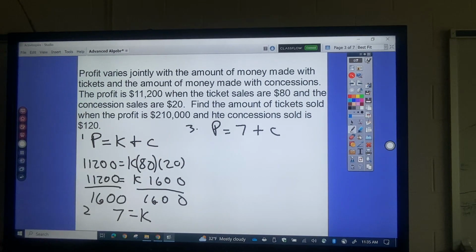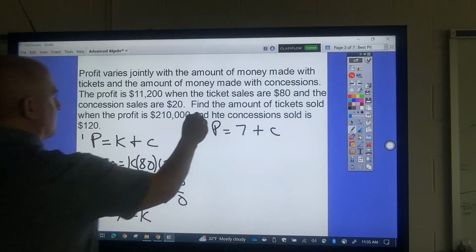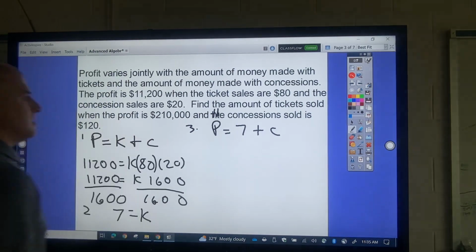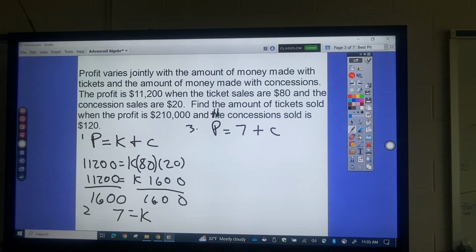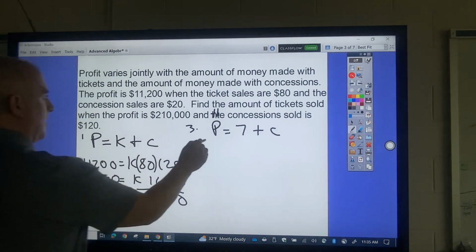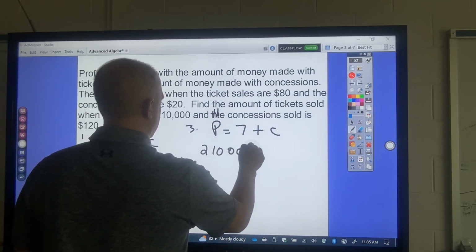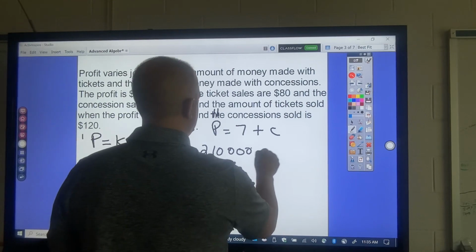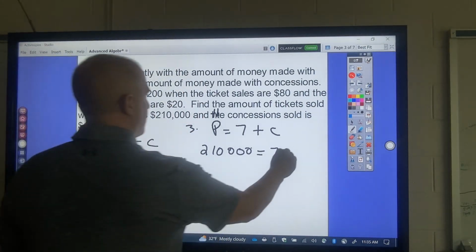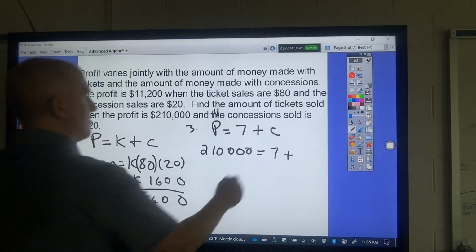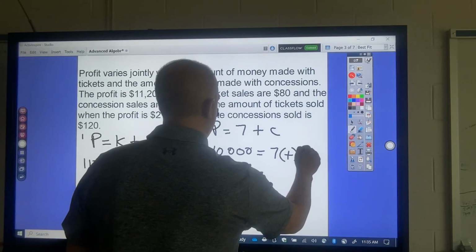Now, find the amount of tickets sold when the profit is 210,000 and the concession sales are 120. I got 210,000 and I got 7. I don't know T, but I know the concessions, which is 120.